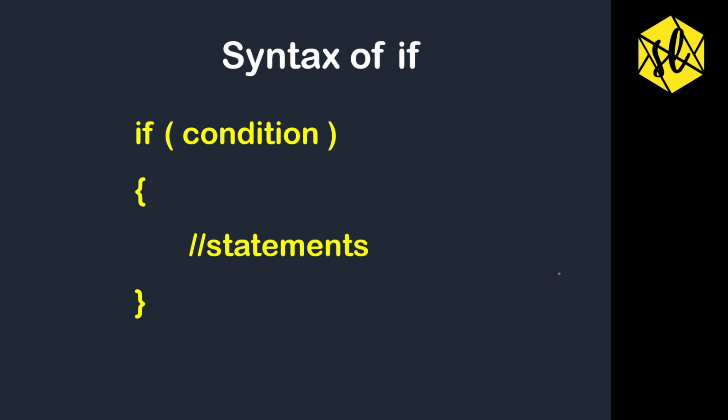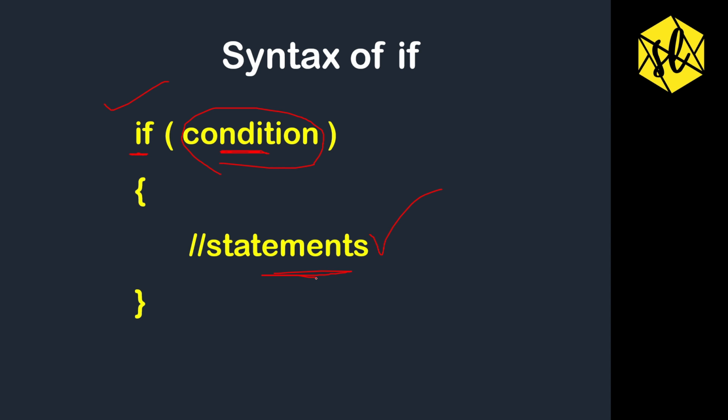So first of all, let's see the syntax of the if statement. Here we write if, which is a keyword, and then we provide the condition. It can be anything. Now if this condition is true, then this statement will be executed.